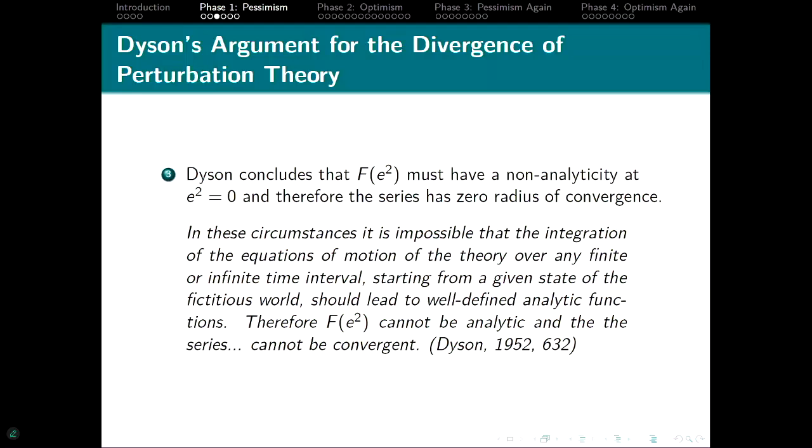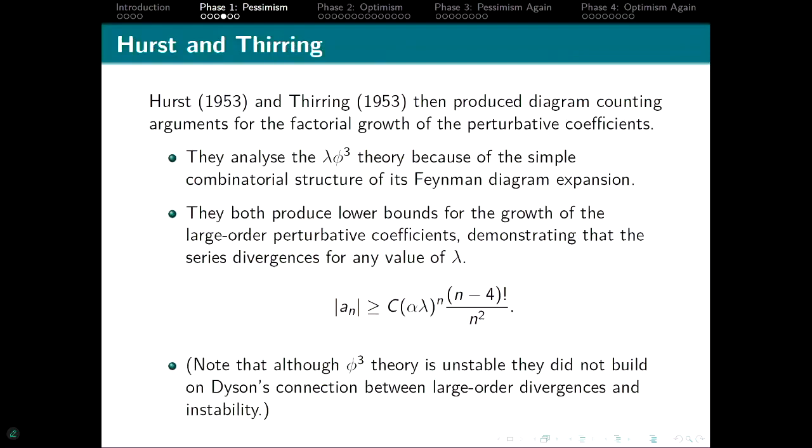And so when we go from the positive e squared case to the negative e squared case, you're going to have an imaginary part that pops up basically at e squared equals 0, and that's a non-analyticity. And so quantities like the ground state energy, and anything which is related to ground state energy, are definitely not going to have a convergent expansion. So that's Dyson's thinking.